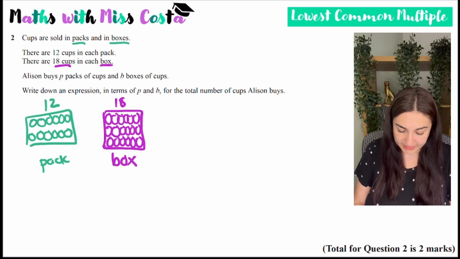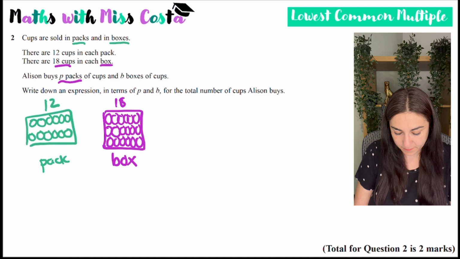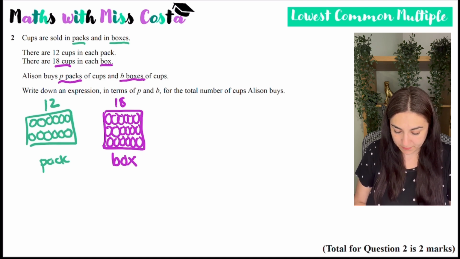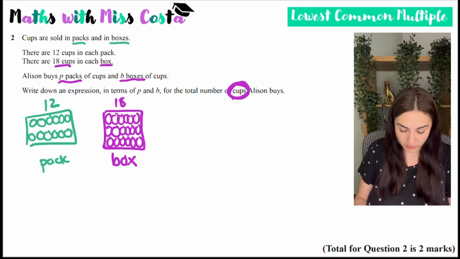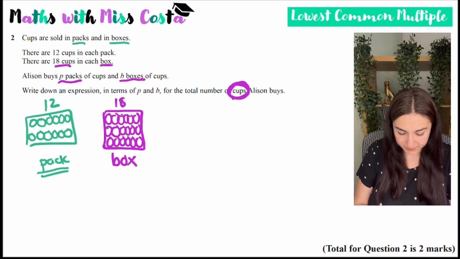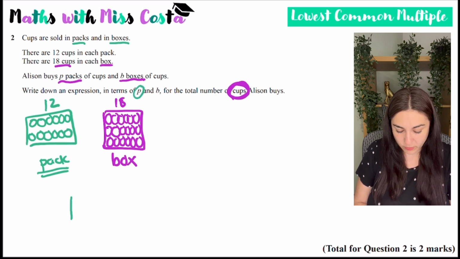So Alison buys P packs and B boxes of cups. Write down an expression in terms of P and B for the total number of cups Alison buys. So cups are the things inside the packs or the box, and in a pack there are 12 cups. So however many packs there are, it's 12 lots of that.